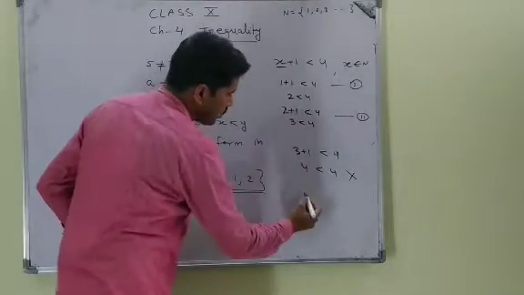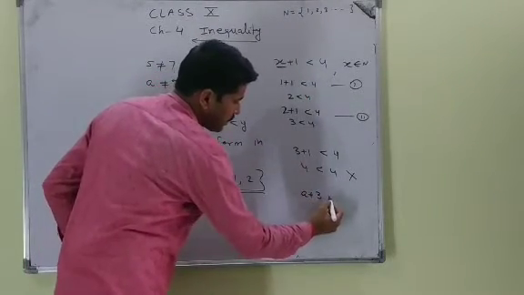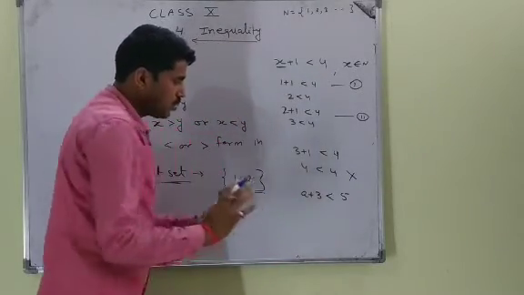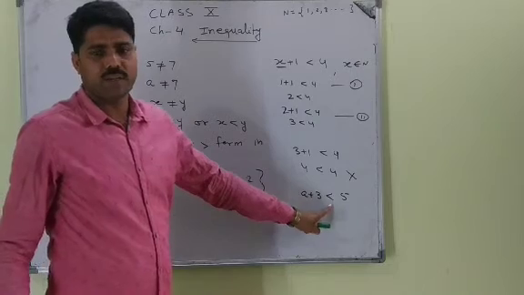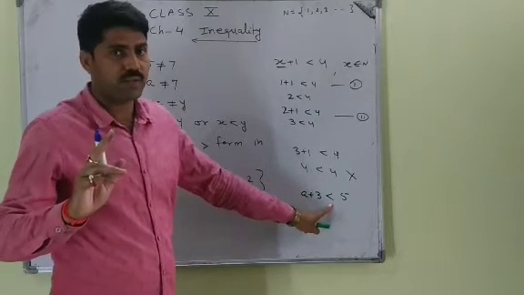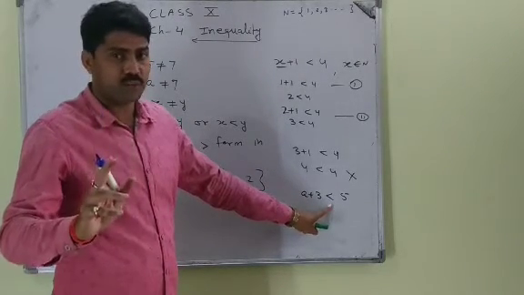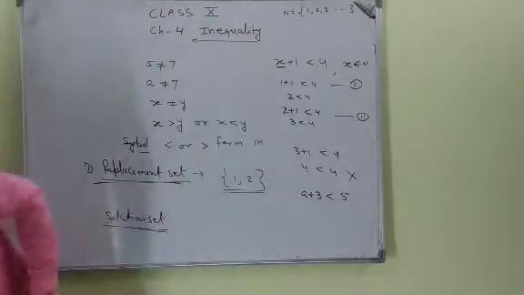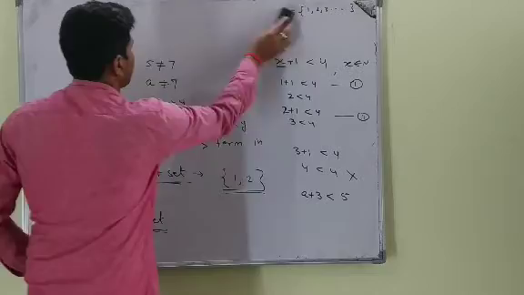For example, I am using a plus 3 less than 10. This is the case of inequality. How will we solve the inequality? I am telling you in a simple way.